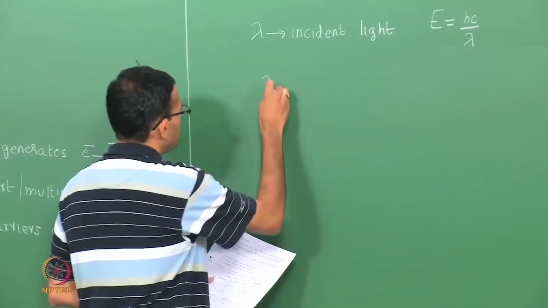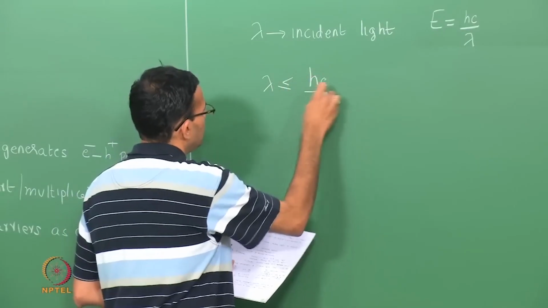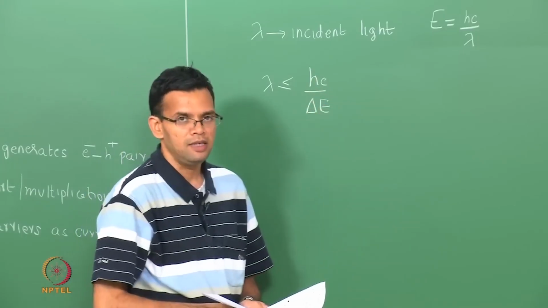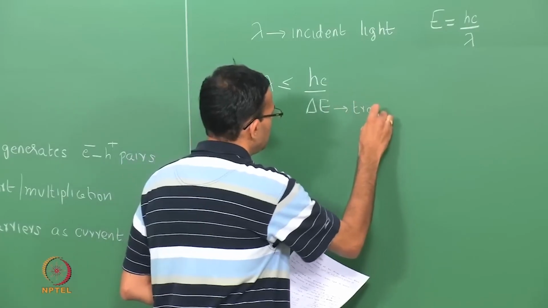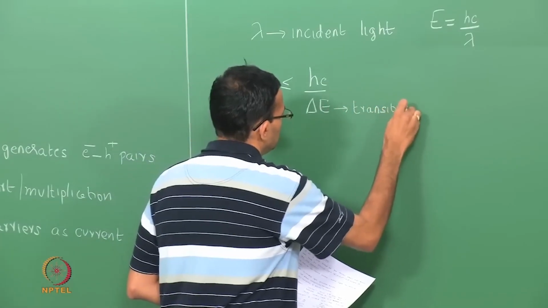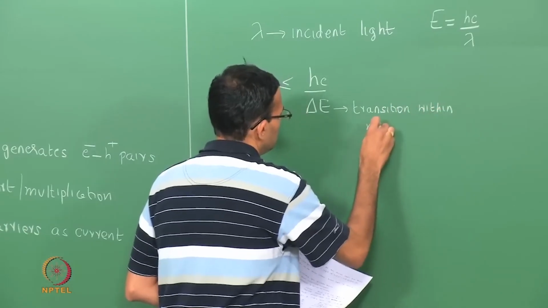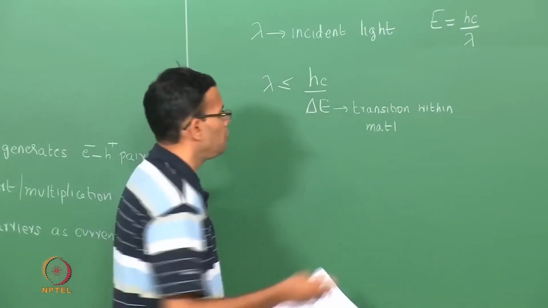So, as long as lambda is less than or equal to hc over delta E, where delta E is a transition within the material, then your light is said to be detected.